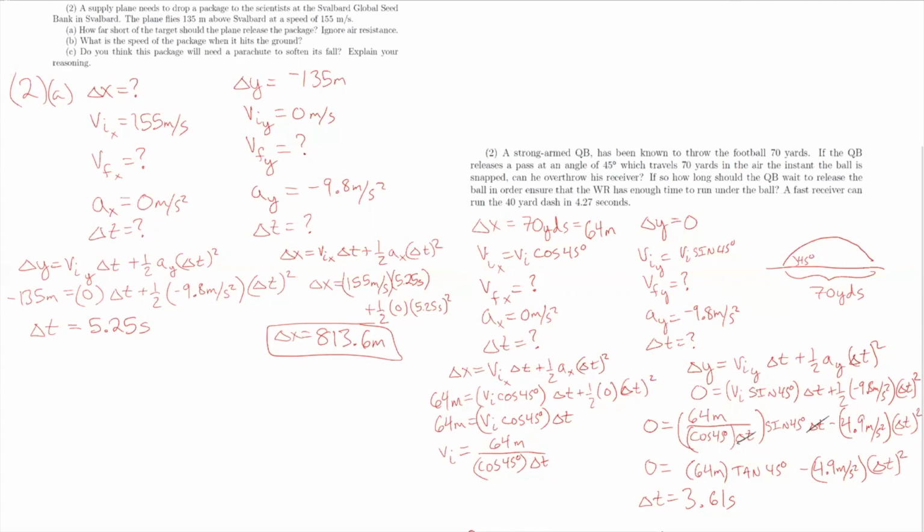In this other question, we have a quarterback throwing a football at a 45-degree angle. We know how far it goes. We don't know the initial velocity's magnitude, but we do know the angle that it's thrown at. And because it's a projectile, we also know the components of acceleration and that it starts and ends at the same height. So both of these are projectile problems.